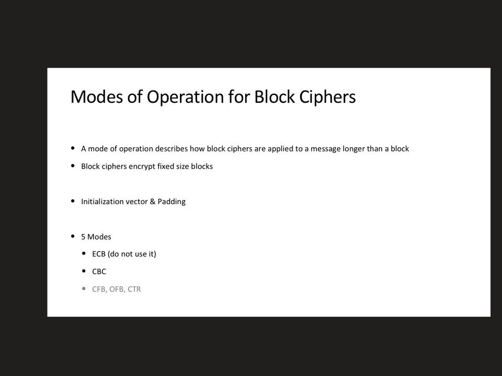A mode of operation describes how to repeatedly apply a cipher's single block operation to securely transform amounts of data larger than a block. A block cipher takes a block of plain text bits and generates a block of ciphertext bits, generally of the same size. The size of the block is fixed in a given scheme.